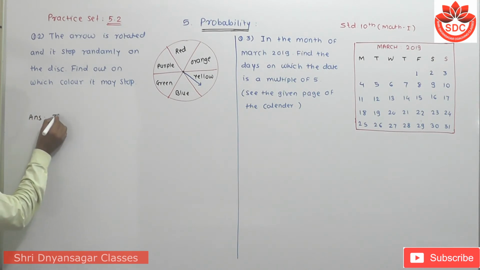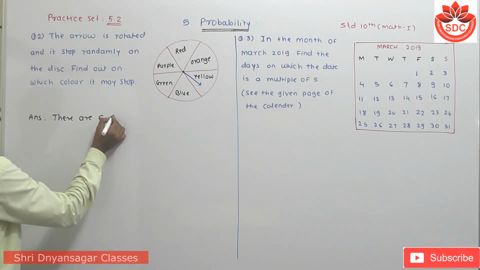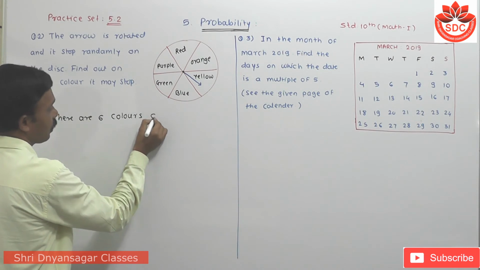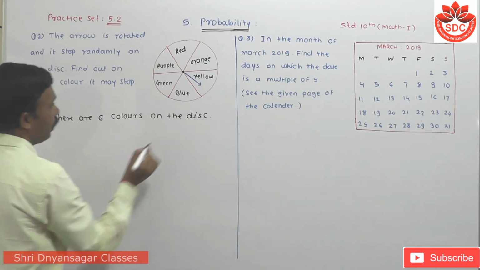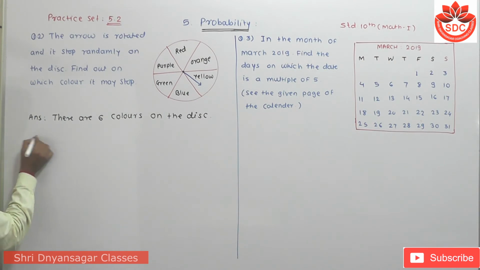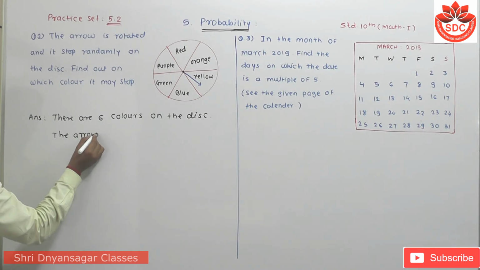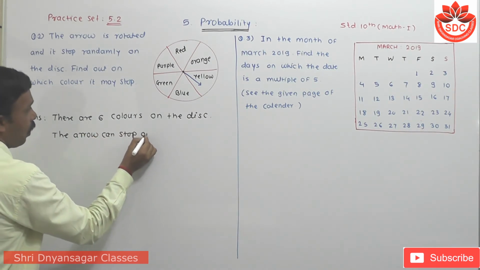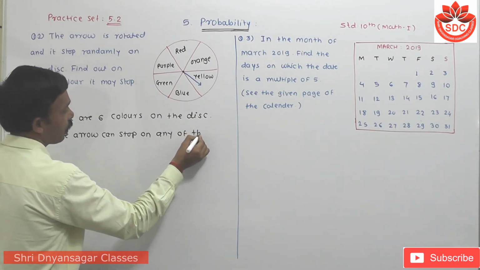There are 6 colors on the disc, and the arrow can stop on any of the colors.